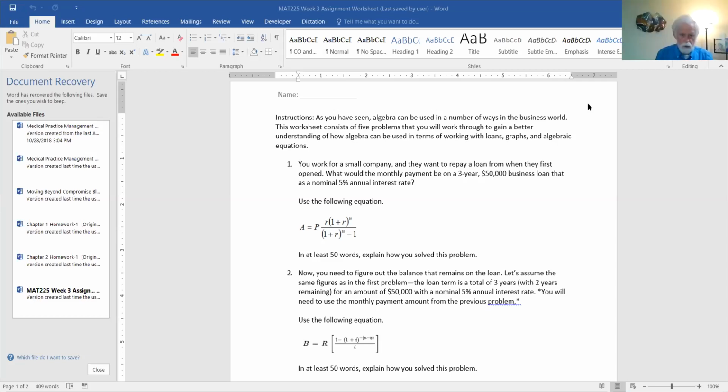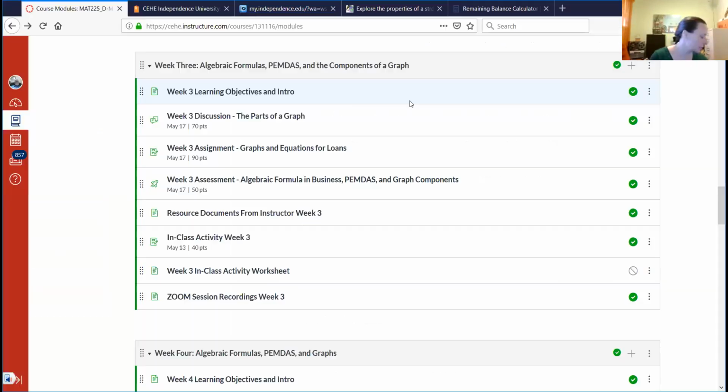This is the assignment worksheet, not the in-class one, but the assignment worksheet. All right, let's go here. Everyone see this now?